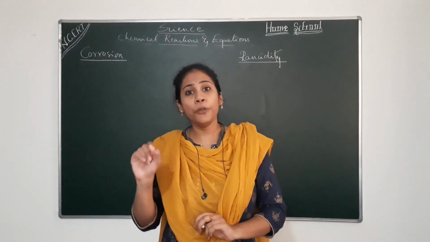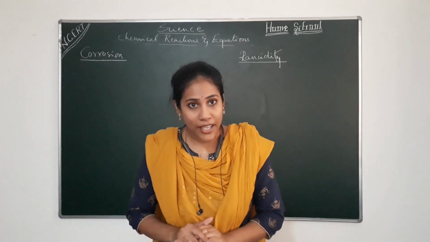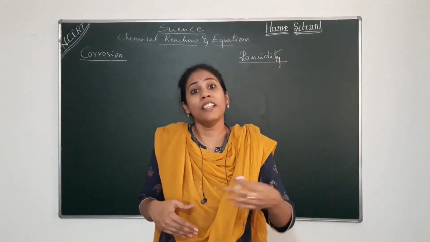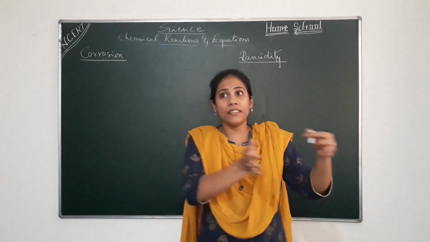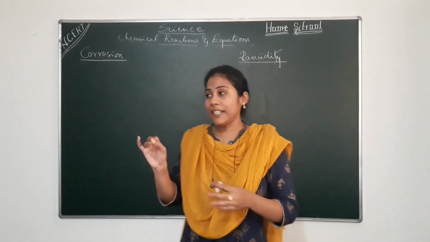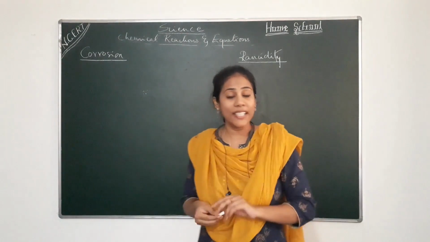See, after 2 months or 3 months, you go and check the iron chair. What would you observe? Do you find any change between day one and now? Definitely, right? You would find that brown color powder has appeared on the iron chair.